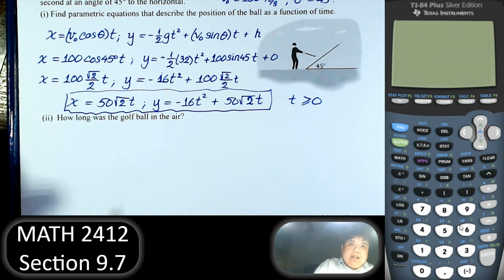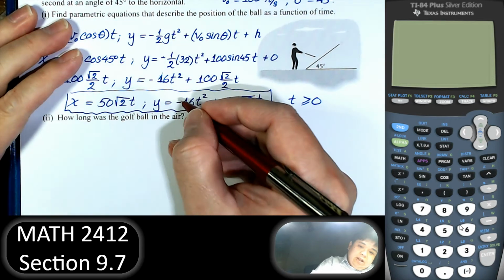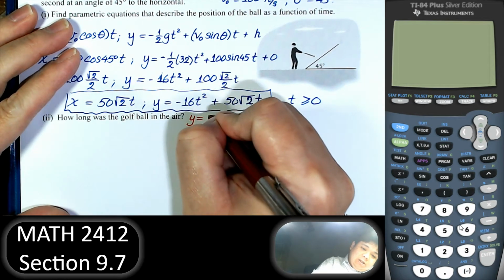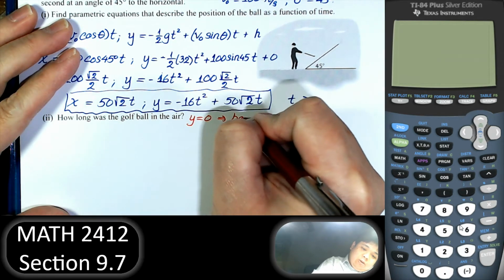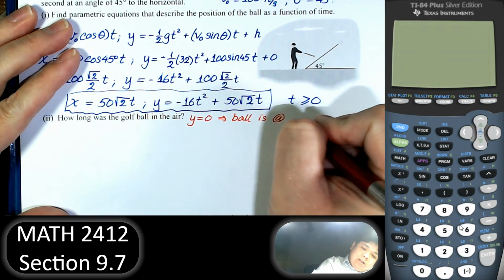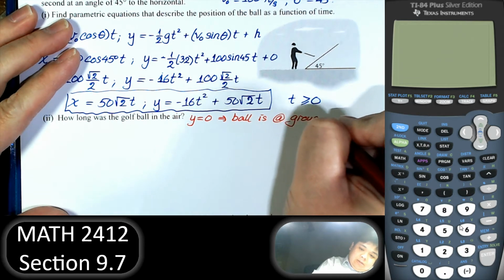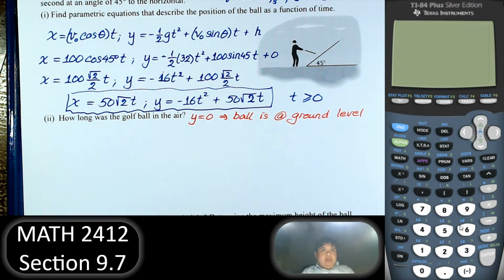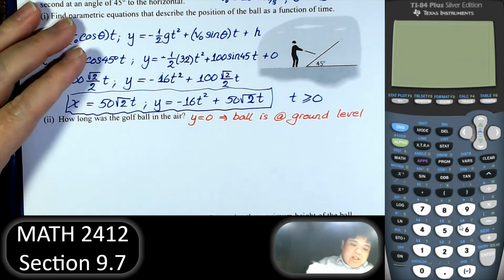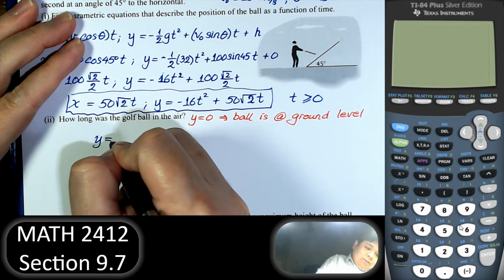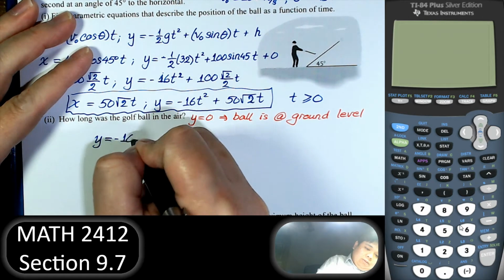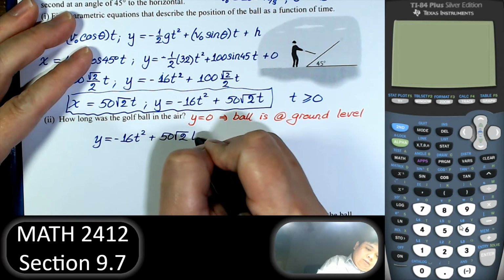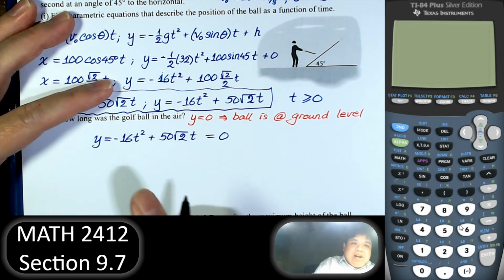So how long was the golf ball in the air? When the ball hits the ground, y is equal to 0. The ball is at ground level. So in that case, we let y equal to 0, and we solve for 2 values of t. Right, this is easy. We can factor out t, right?